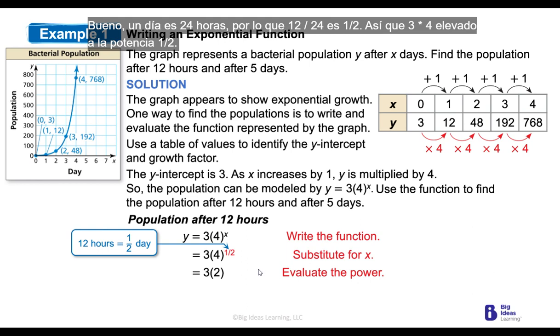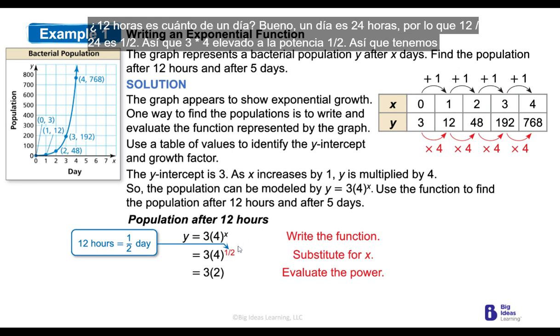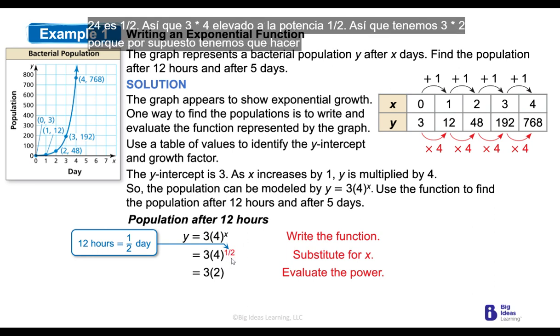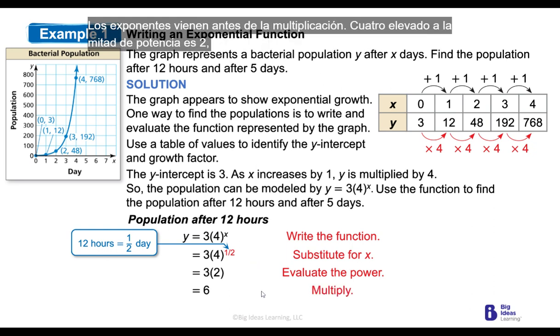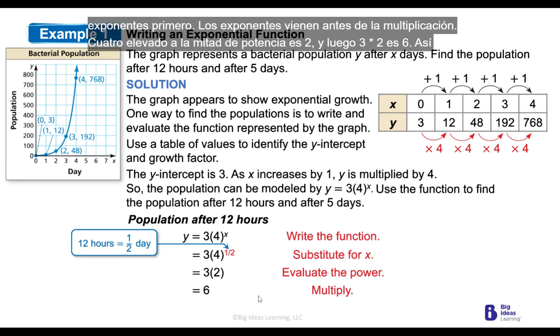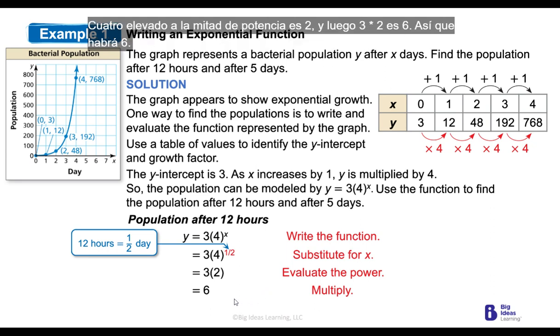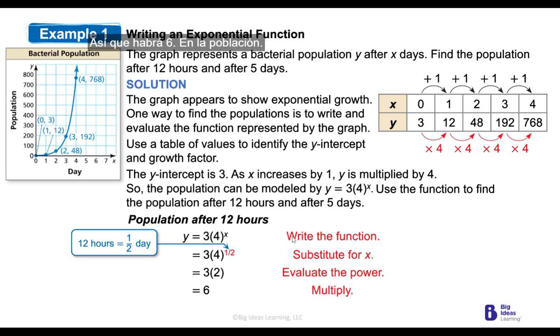So we have 3 times 2, because of course we have to do our exponents first. Exponents come before multiplication. 4 raised to the 1/2 power is 2, and then 3 times 2 is 6. So there will be 6 in the population after 12 hours.